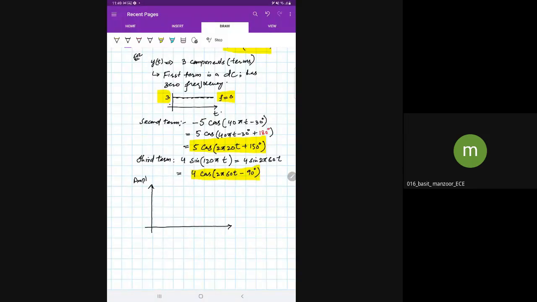Amplitude, very good. And on the x-axis, I should mark frequency F, which is in hertz.